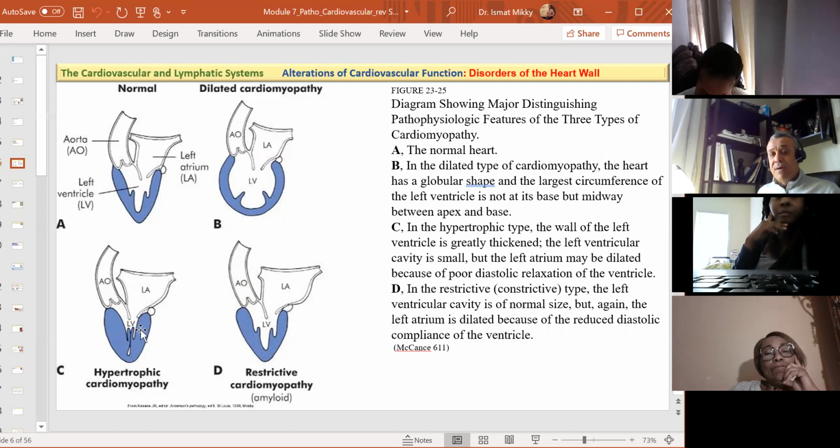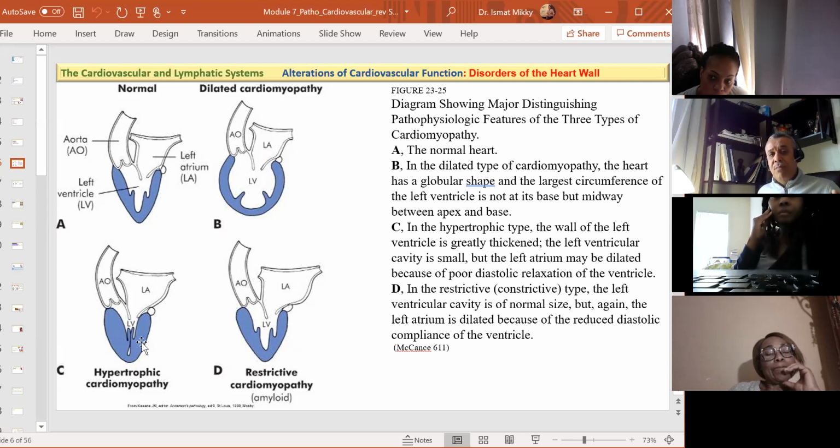The atria now, because of this hypertrophy of the myocardium and the restricted contractility, the ventricle becomes very hard to contract because of that hypertrophy.